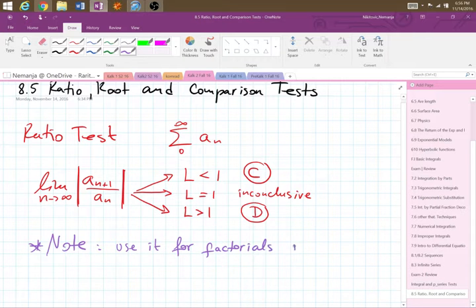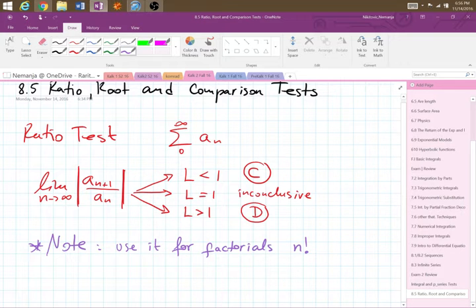Now, you can use this for other stuff as well. Geometric series is going to work here. So this test is not only for factorials. But if you have factorials, this is the way to go, unless you can do the divergence test and show it diverges.